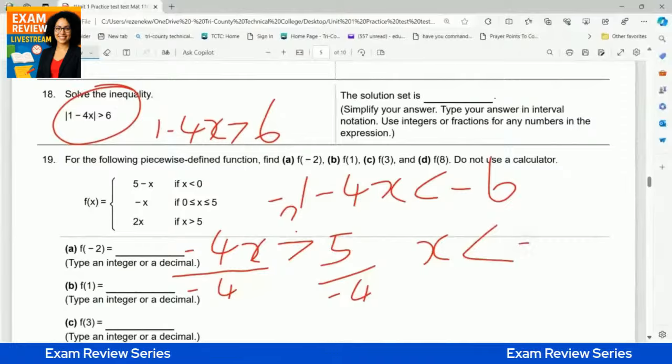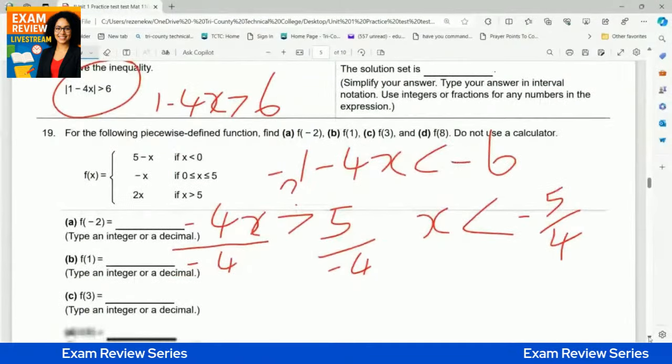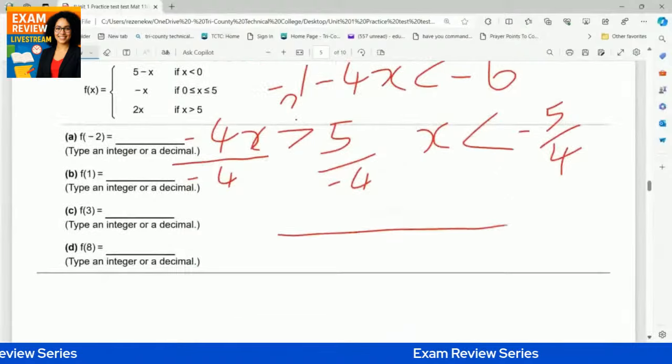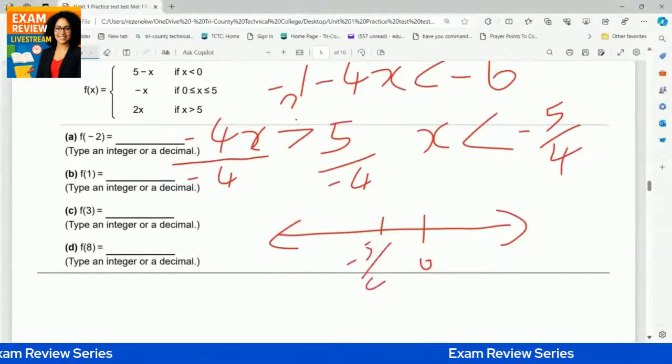That is, and then you could be told to graph it. I can graph my answer. You could be told to graph your answer. You draw a number line. This is 0. This is negative 5/4 or negative 1.25, somewhere here. Negative 5/4.